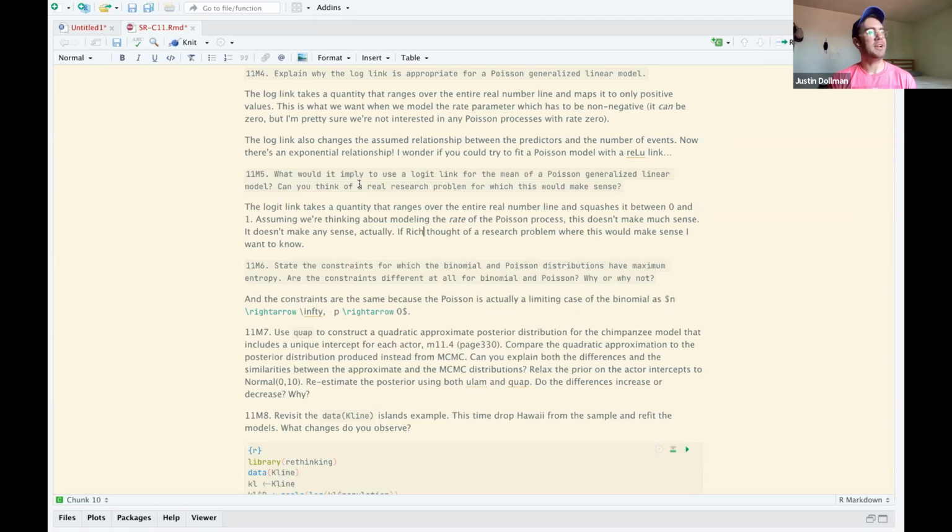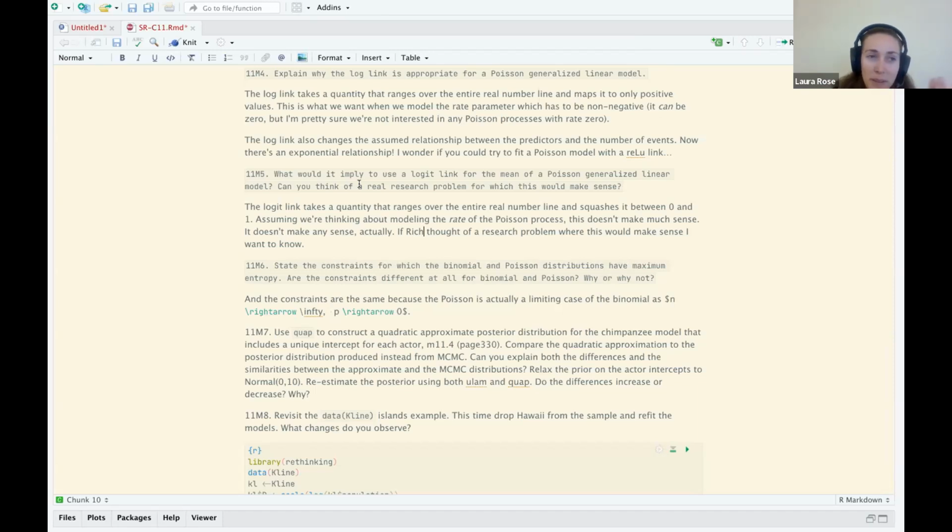So I was like, man, if there's something where the maximum rate could be 1, if you had a theoretical reason to believe that the maximum rate was 1, like maybe you're modeling some process where, and then I don't think you'd use a Poisson distribution, but I think binomial, right?